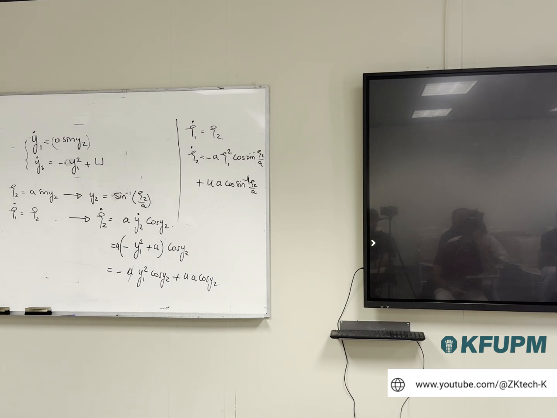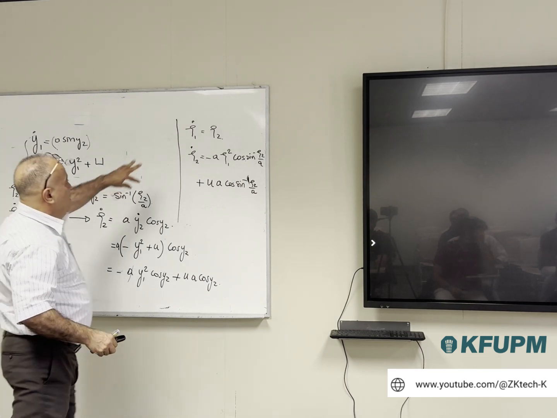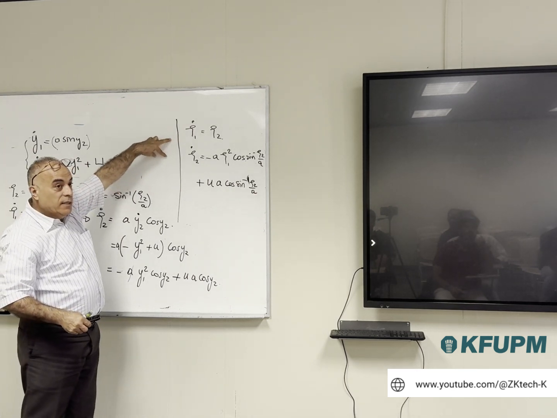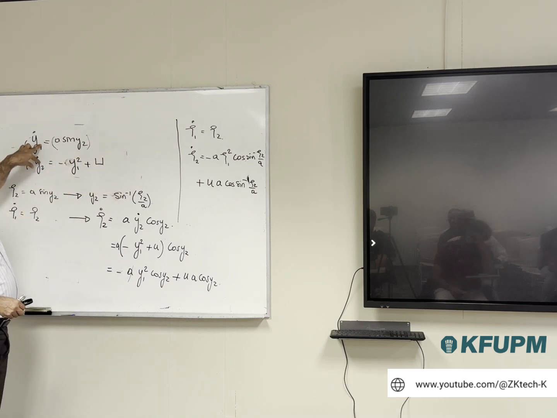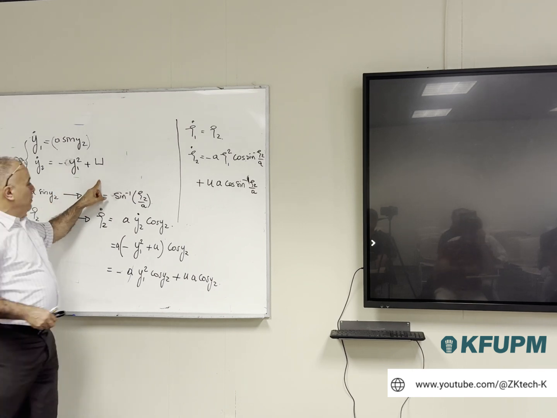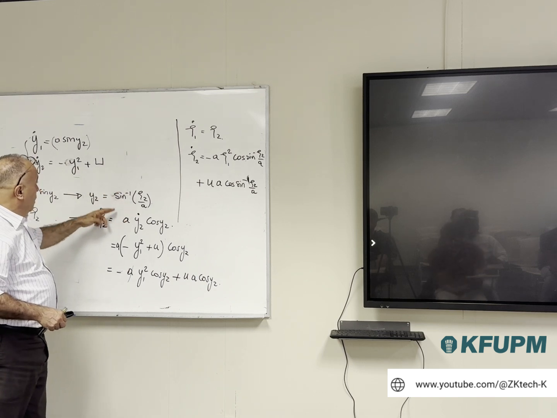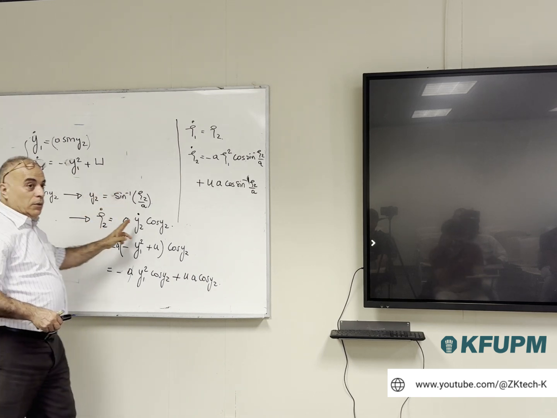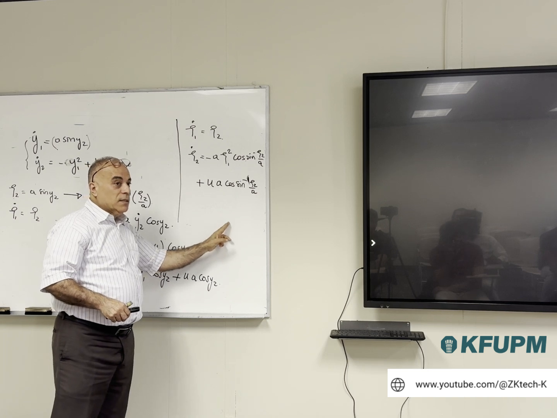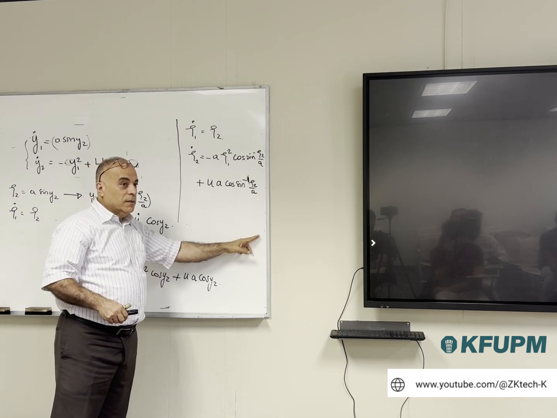Yes? Why do we need to convert y1, y2 to z1, z2? Because we have u, so the design of u depends on y1, y2. Your controller will be a function of zeta 1 and zeta 2. What you are going to linearize is this, not this. If you design your controller as a function of y1, y2 and then implement it here to cancel the nonlinearity, your controller will have zeta 1, zeta 2 plus y1 and y2 all at the same level.